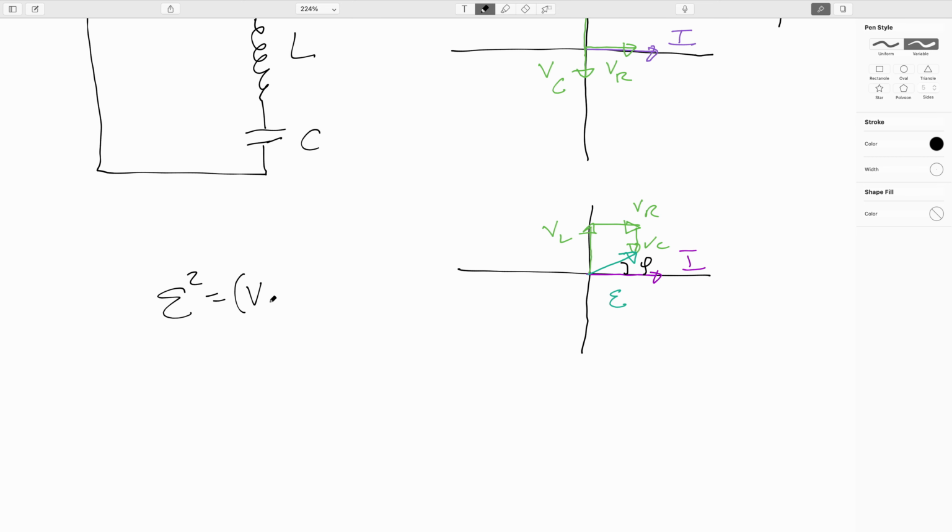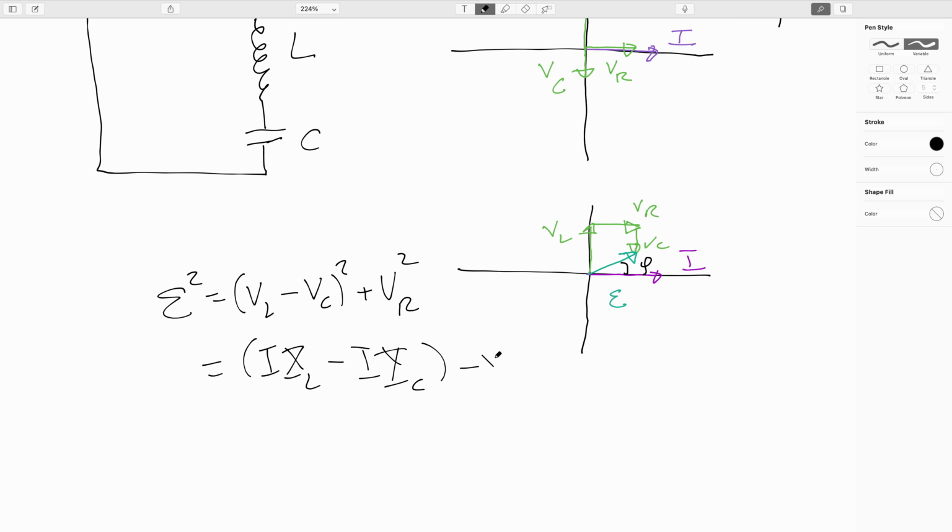So by the Pythagorean theorem, we'll say (VL minus VC) squared, that's the y bit. Then plus VR squared, that's the x bit. Now from our definitions of reactance, this is equal to I XL, that's equal to I XC, and this is equal to I R by Ohm's law. And those are all squared.